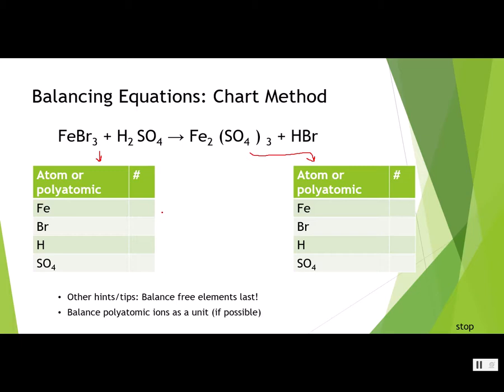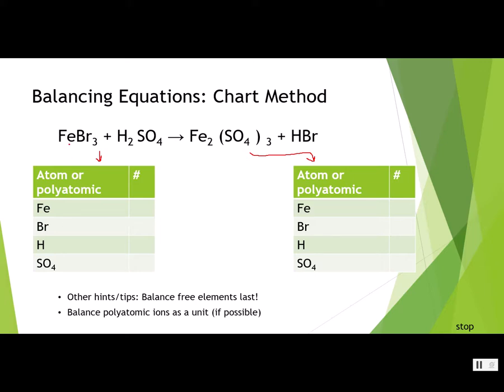So first, after I make my chart, I look to see how many I have of each species before I even do any balancing. Then I balance each atom at a time and change coefficients and my chart as necessary. So let's go ahead and do this example.